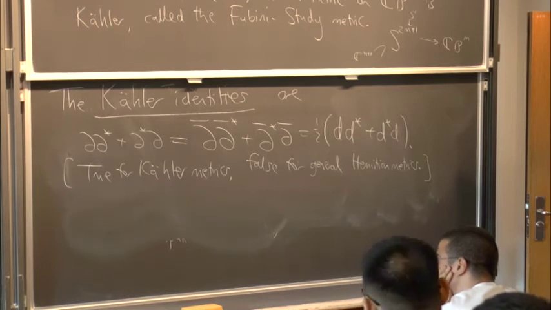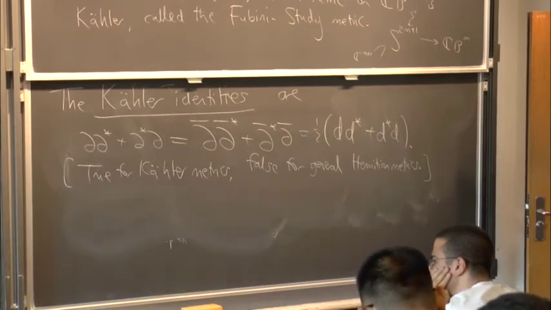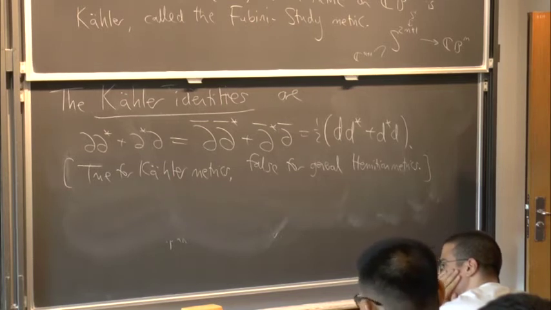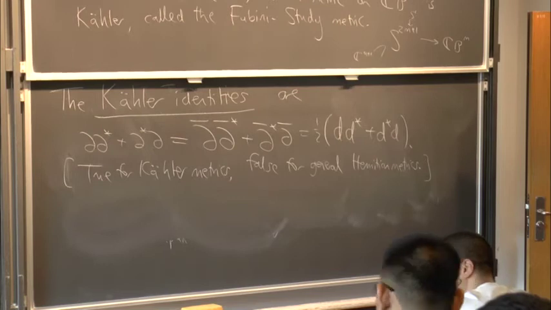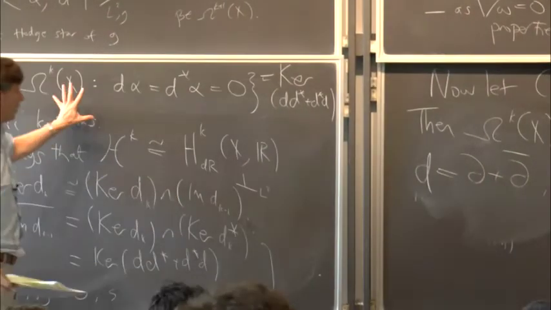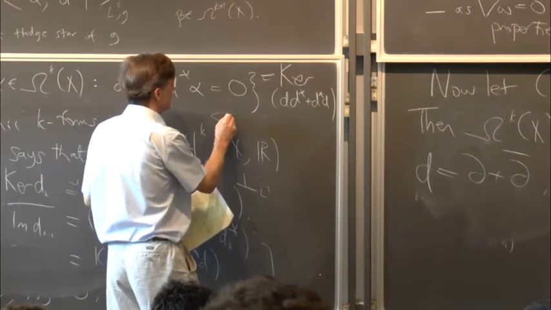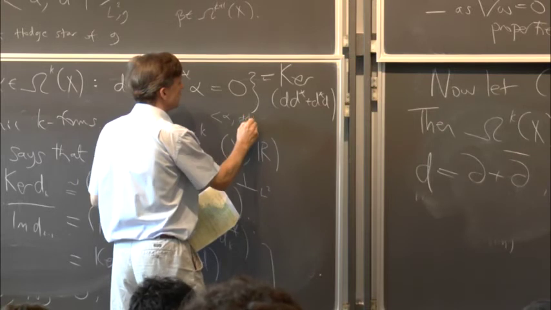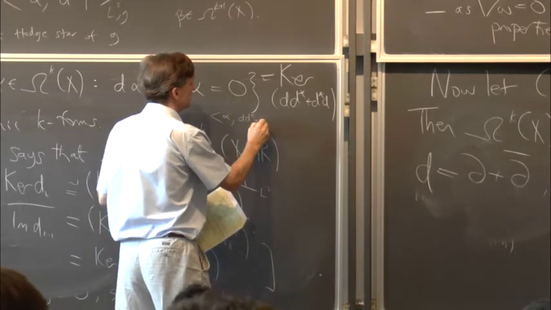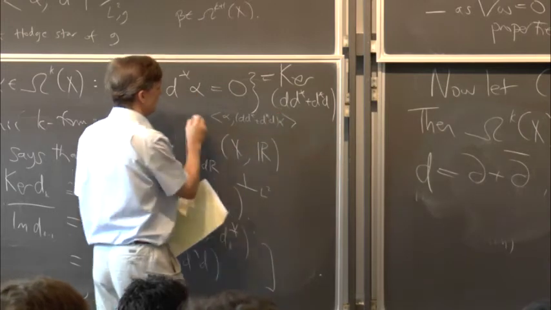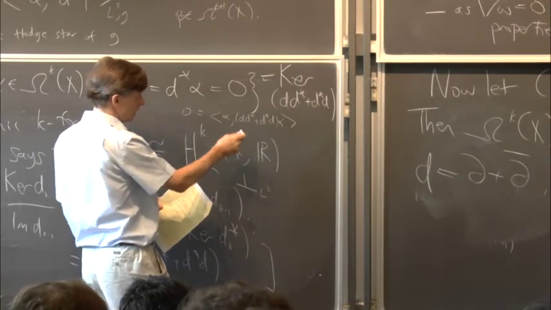Okay, now it might be worth noting at this point that this is also equal to the kernel of d star d plus d d star, because if you take the inner product of alpha and d star d alpha plus d d star alpha, that's 0, and then you integrate by parts.